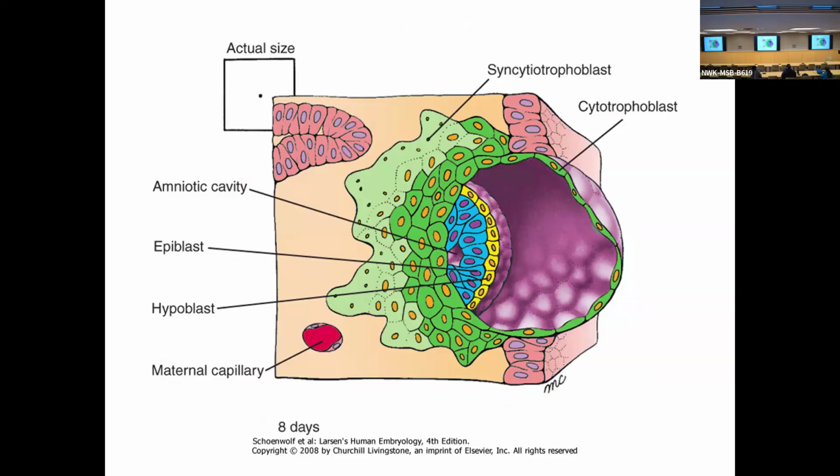Okay, the invasion is more pronounced. We have all these cell types called syncytial trophoblast, and then we have the cytotrophoblast, cells that start forming different types. So we have a trophoblast, and then it becomes a syncytial trophoblast and a cytotrophoblast. These ones are gigantic cells that do not undergo mitosis anymore.